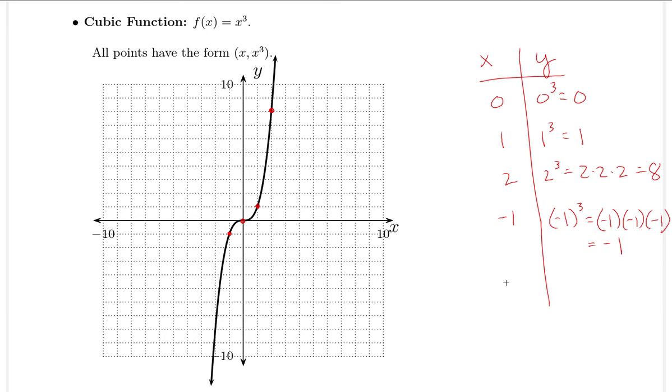Same thing with -2. -2 to the third power is 3 negatives multiplied together, so that's going to give me -8. We want to have this picture in our mind anytime we're thinking about y equals x cubed, because we'll do more complicated graphs like I showed you with y equals x squared. We want to have this committed to memory so that it's in our toolkit of functions and ready to go.